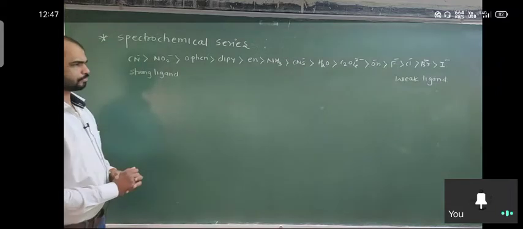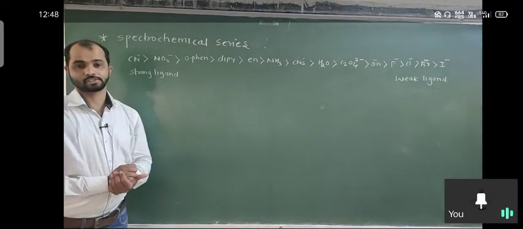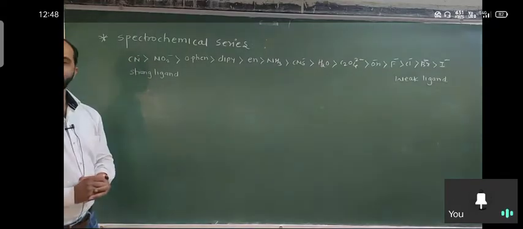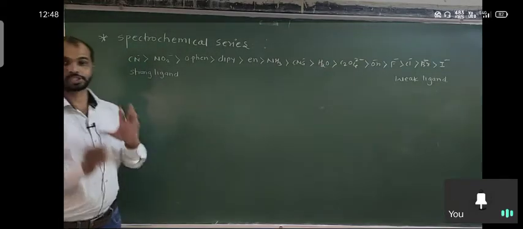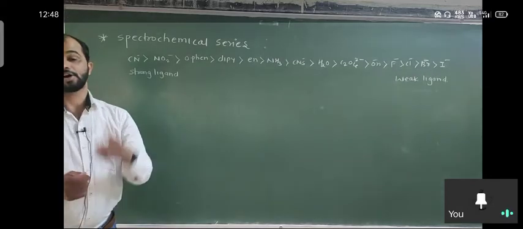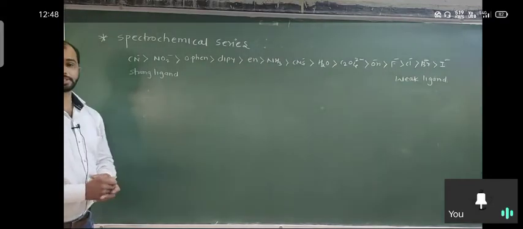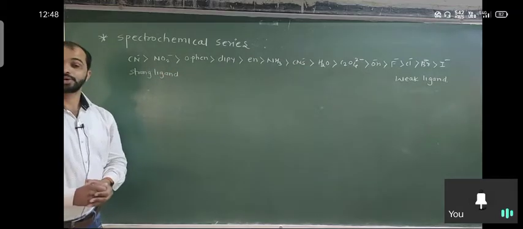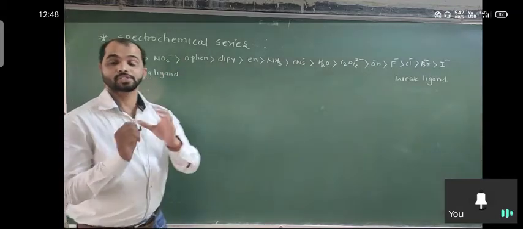But there are some conditions. According to the series, the spectral information, absorption or 10 Dq value of every complex is not always applicable, because this series is only applicable in the common oxidation state.